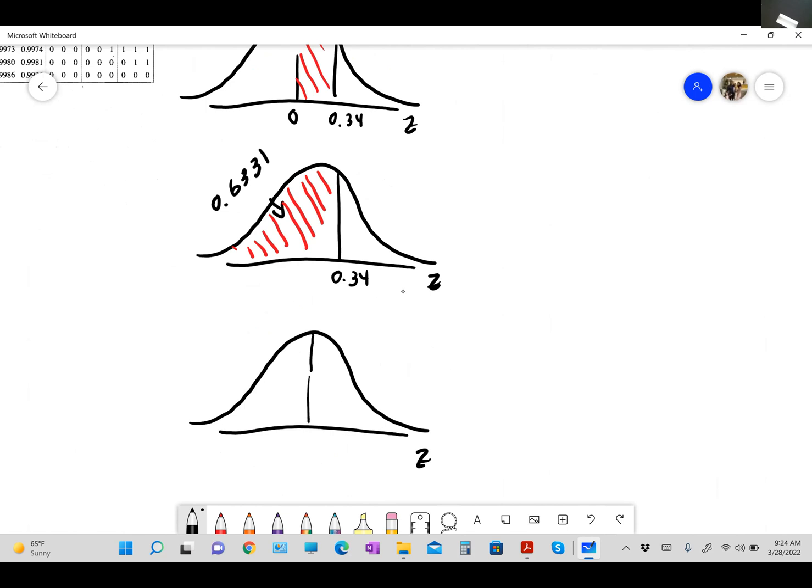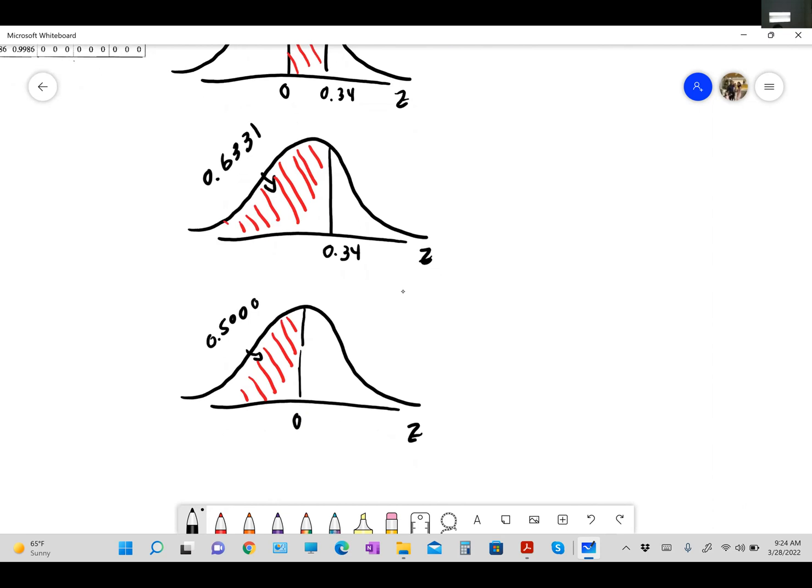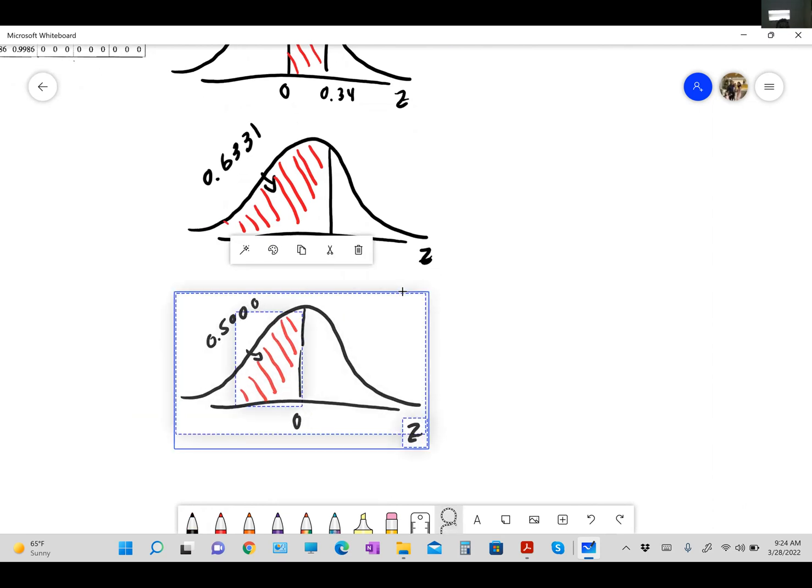Here's the area for z equals 0, keep consistent. It says that it's going to be 0.5. But I don't want those two areas. I want the area in between. Let me drag this a little bit to the left so it aligns a little bit better.